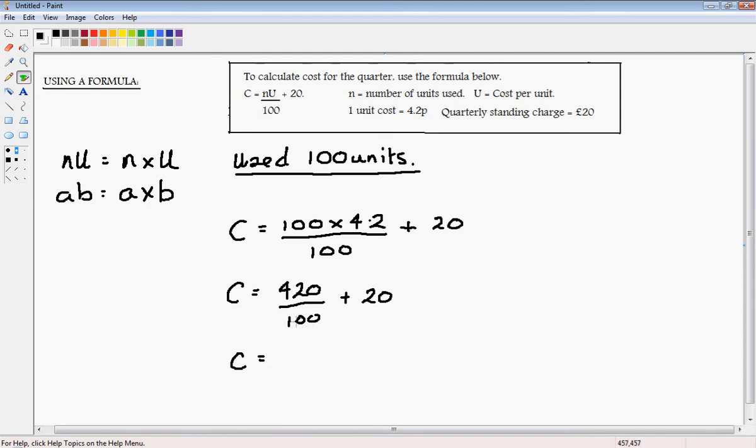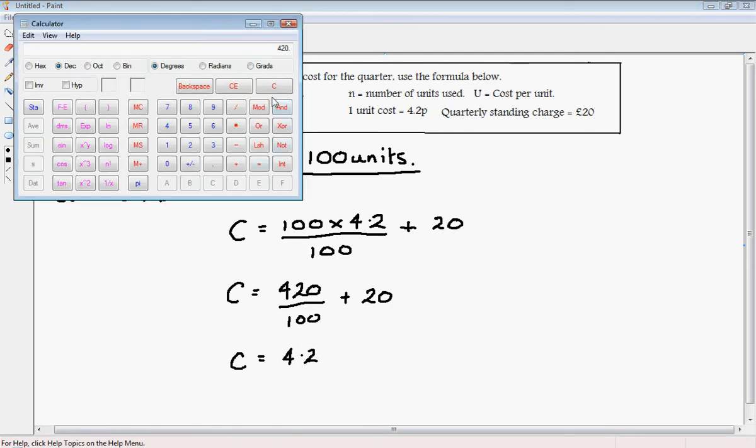Okay, so now we have to divide the 420 by 100. Now I'm sure you can do that. 420 divided by 100 is 4.2. Okay, now if I go to the calculator, we'll just prove this. 420 divided by 100 gives us 4.2.